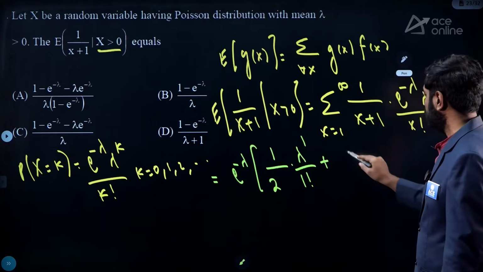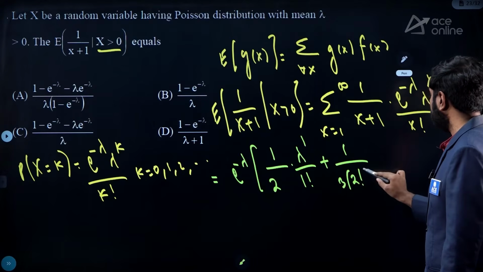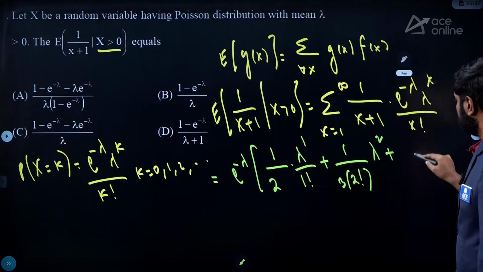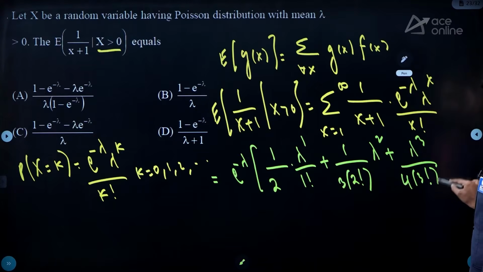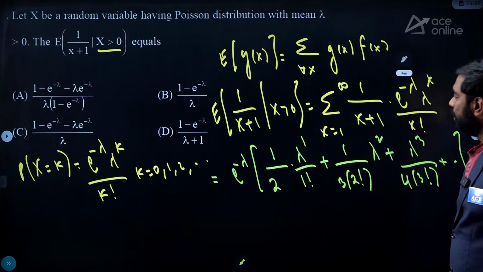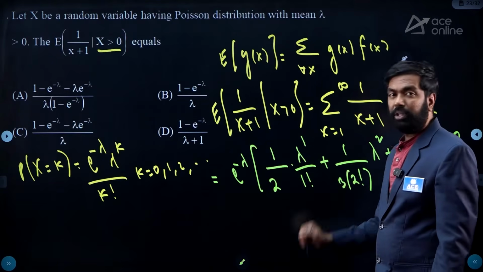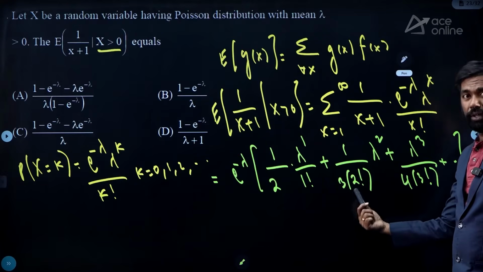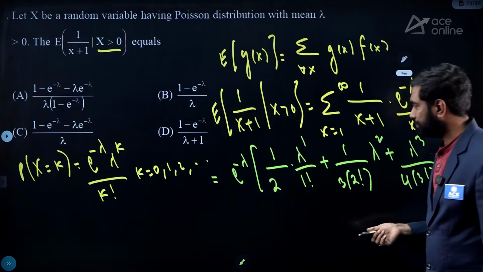Put x as 2, it is 1 by 3 into lambda square by 2 factorial, plus lambda cube by 4 into 3 factorial, plus so on. So you can see lambda power 1 is there, but in the denominator you have 2 factorial. You have lambda square, but in the denominator you have 3 factorial. You have lambda cube, but in the denominator you have 4 factorial.